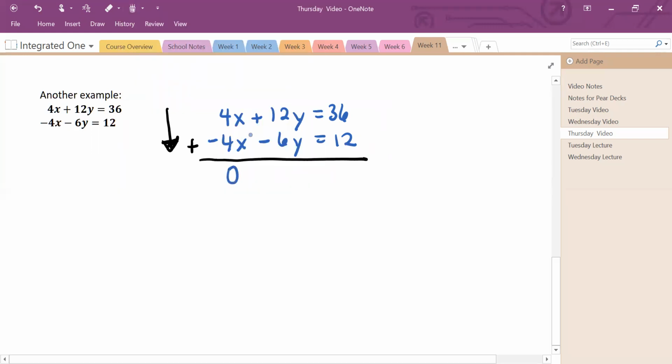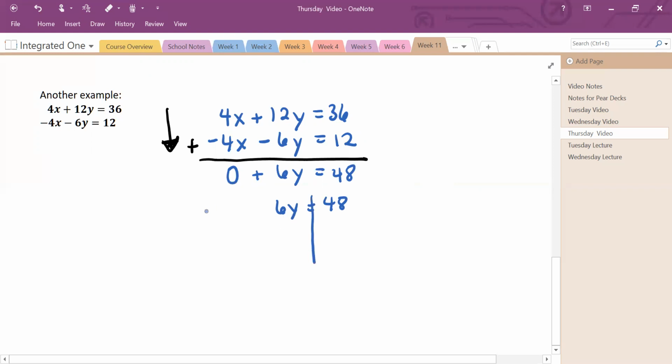My x's have been eliminated. 12y minus 6y is just 6y. And 36 plus 12 is 48. So I'll rewrite this. 6y is equal to 48.